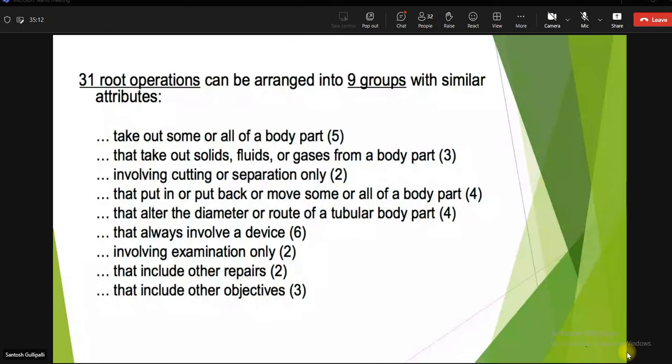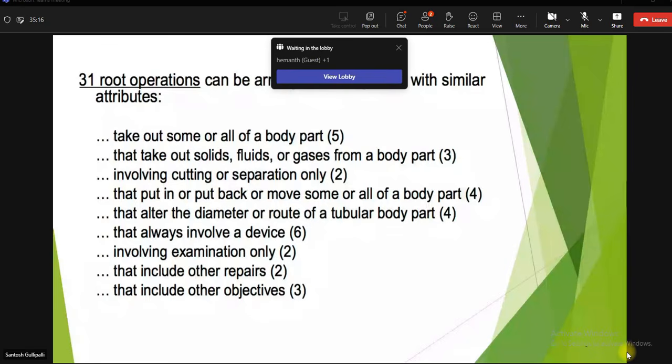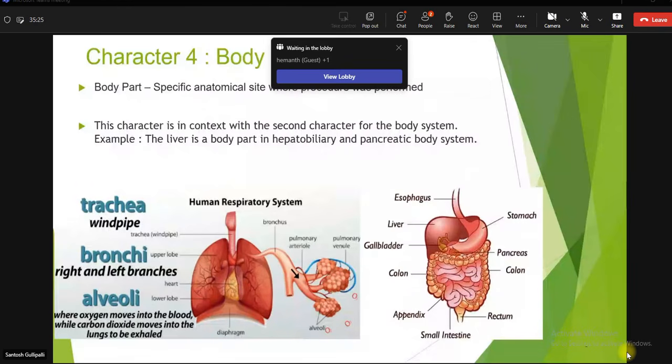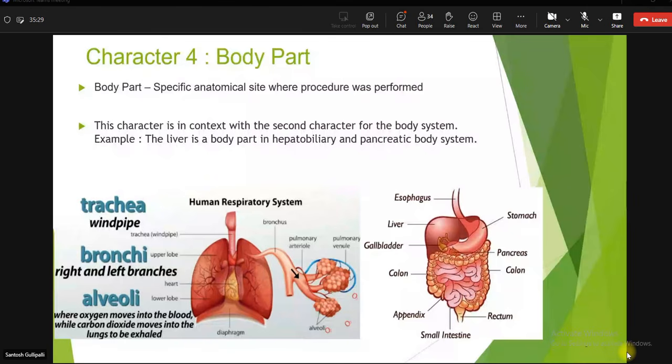For example, in the respiratory system, one procedure is performed. What is the body part? What are the respiratory organs? Like larynx, pharynx, lungs, bronchus, trachea. These are all the respiratory parts, right?